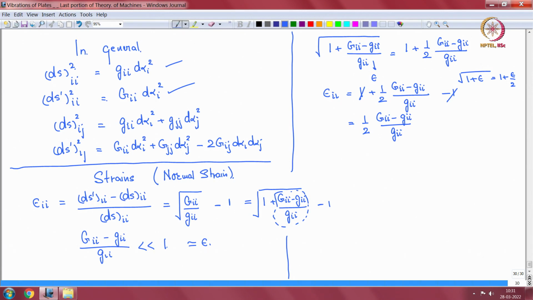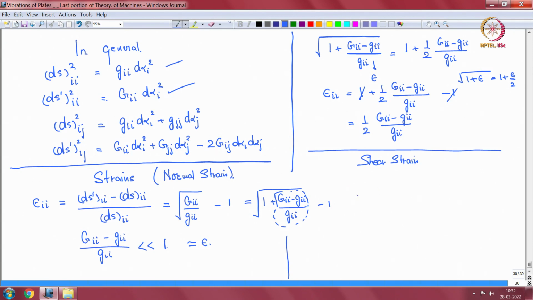Now what is shear strain? Shear strain, let's see, it's like this.